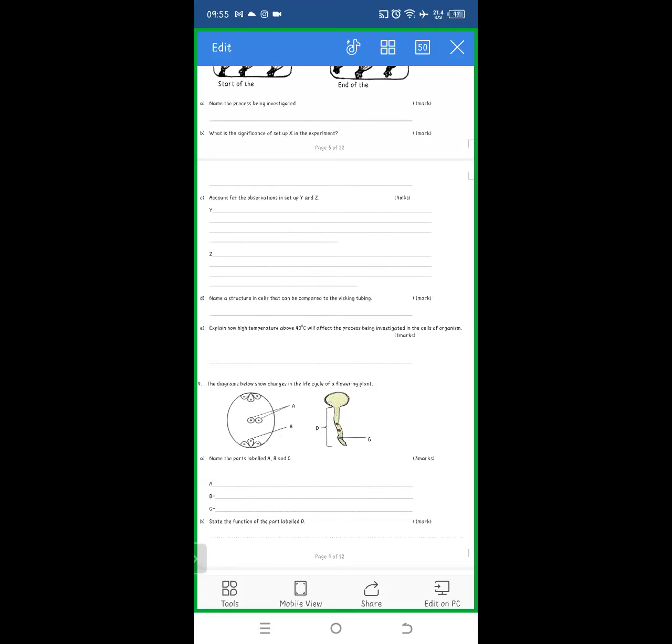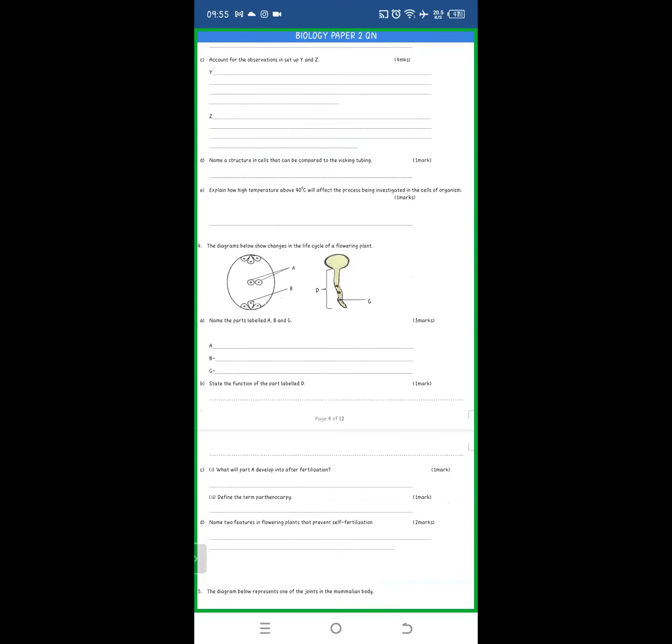So anything would be allowed to pass across the cell membrane because its functionality of being sensitive to temperature and pH shall have been destroyed.